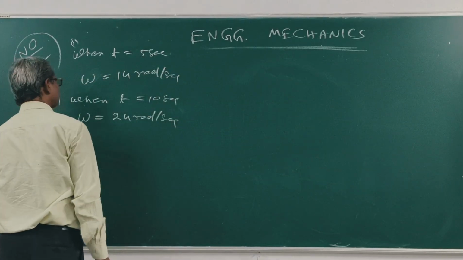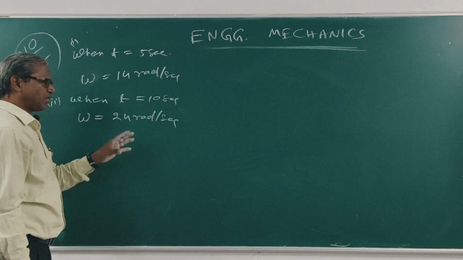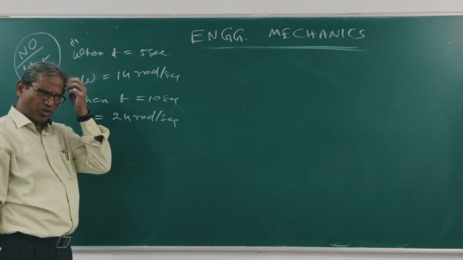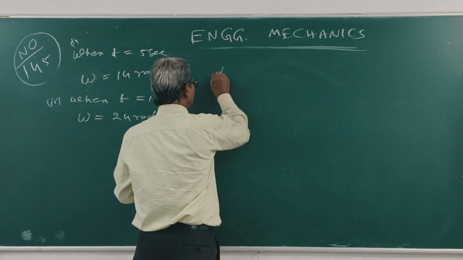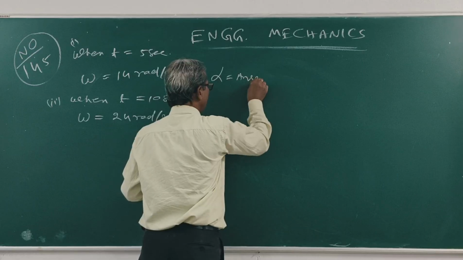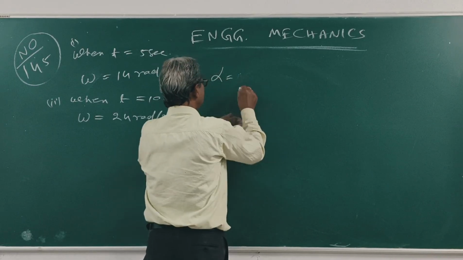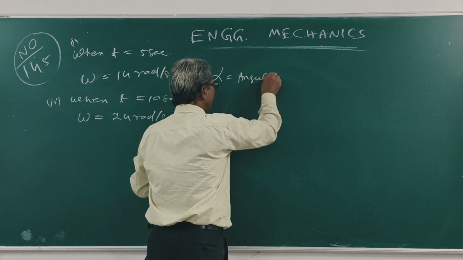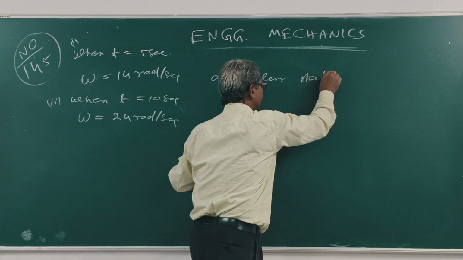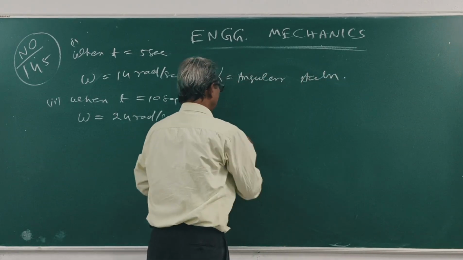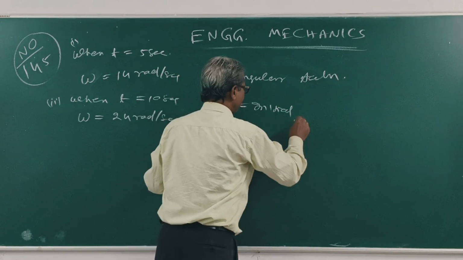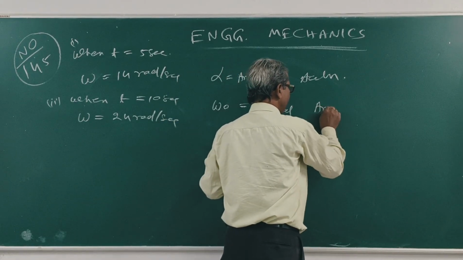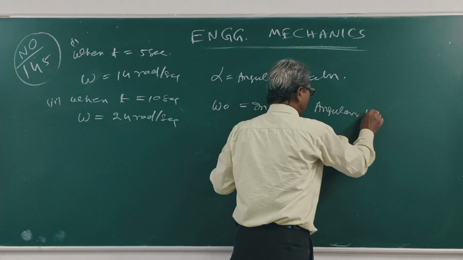Now, first find out initial velocity omega 0 and angular acceleration alpha. Now, let alpha be the angular acceleration and omega 0 be the initial angular velocity.